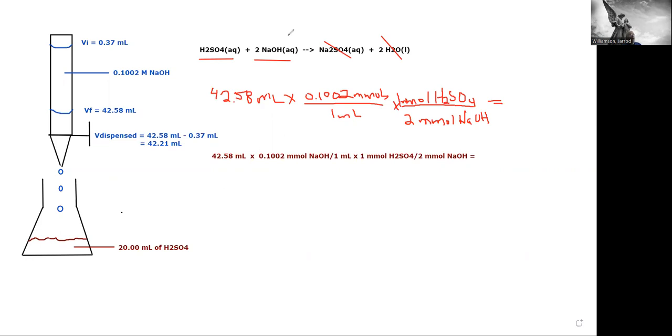I'm going to get 2.133 millimoles of sulfuric acid.